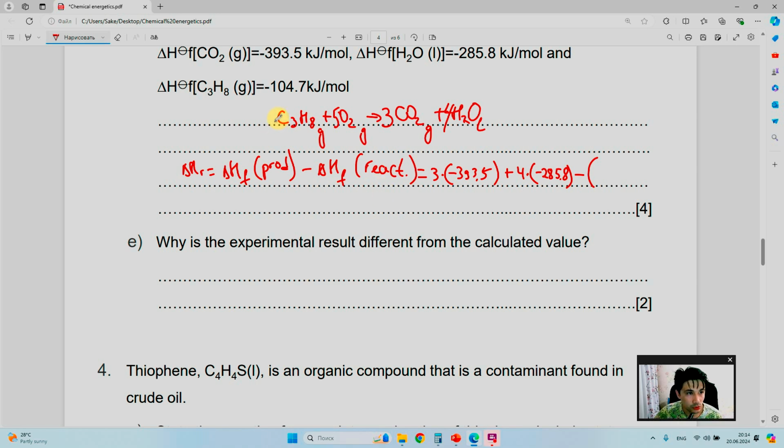For propane it's minus 104.7. Then we have oxygen, and we don't have any enthalpy of formation for oxygen because formation enthalpies of simple elements always equal 0 because they are already formed. You don't need to apply any effort to make them, so they are already there. So that's it.